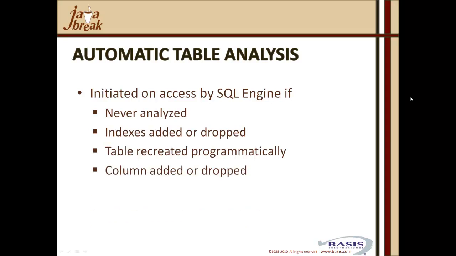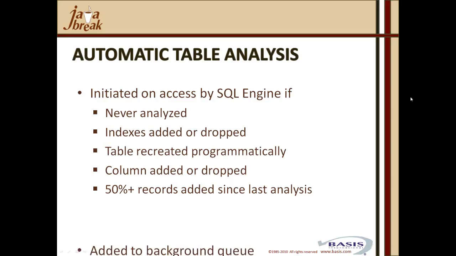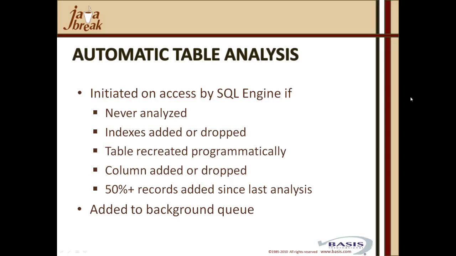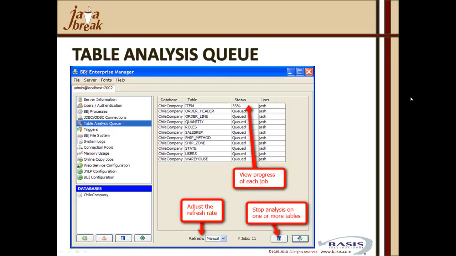If you've added a column or dropped a column, and if more than 50% of the records have been added to the table since the last analysis, that of course would have had a substantial effect on the shape of the data in that table, and thereby necessitating a review of the structure and creating the optimal query path to the same set of data. This again, through the automated process, is added to the background queue for analysis, and you can toggle the auto analysis with a flag in the Enterprise Manager.